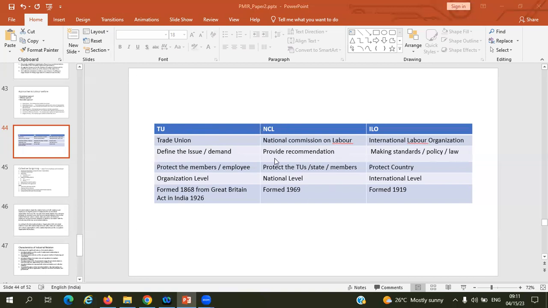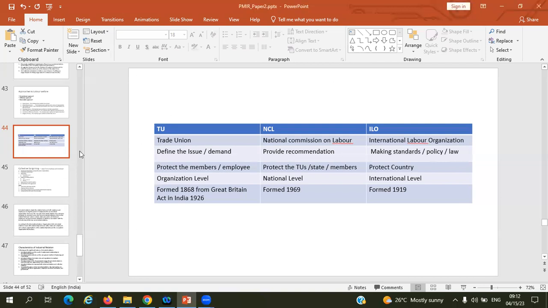Another is national level, another is international level. In theory, the purpose, the idea is the same, to minimize the dispute, the conflict between the workers and the owners. If you read the objective of all these things separately, that is the purpose. But they are doing the same thing at different levels, with different scope, in different ways.